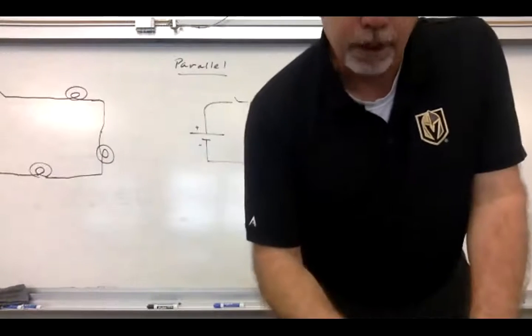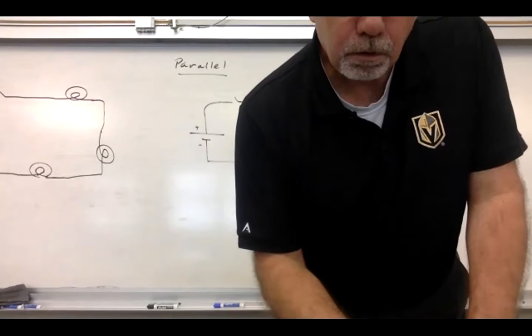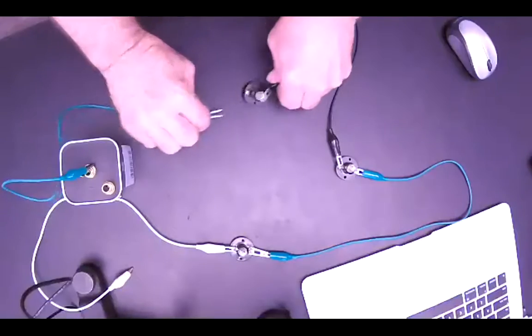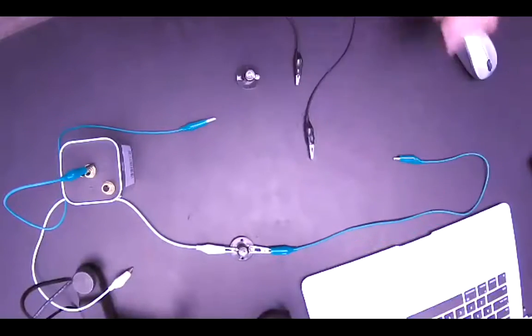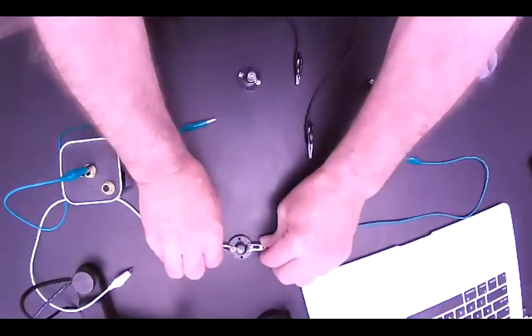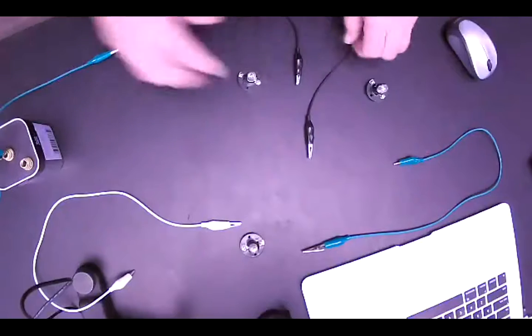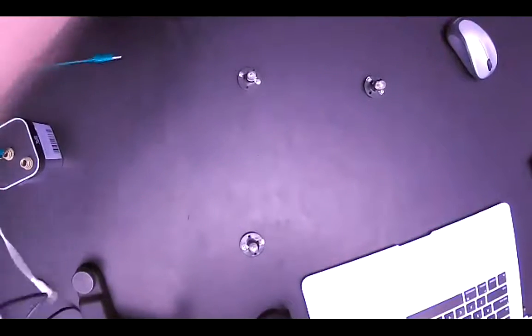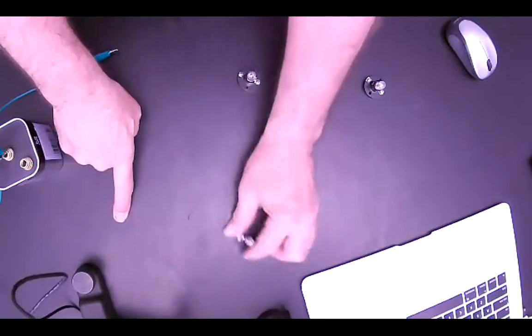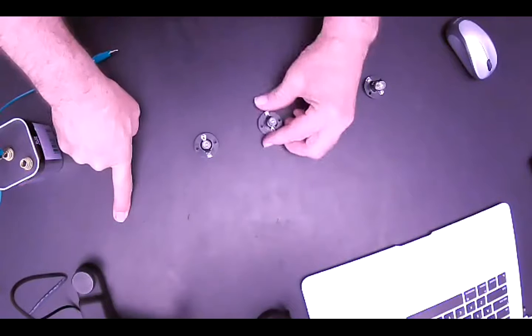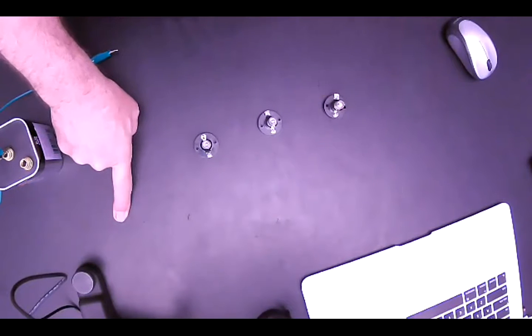I'll change cameras again. I'm going to take everything apart. Okay, and let's wire this up. My switch is going to be here once again, but I'm going to put the light bulbs in parallel like that.